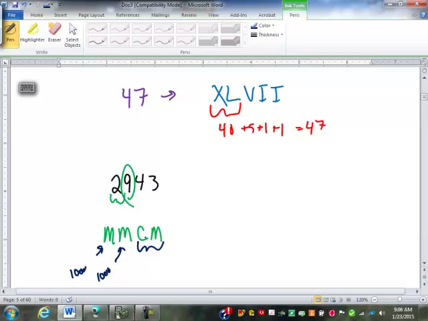Whenever you have a smaller symbol in front of a larger one, they have to combine. That's 1,000 minus 100, which is 900. So we're now at 2,900. We need to add the 43. The 4 is going to be, well, 50 minus 10. So L minus X. So there's 40, and then plus the 3 1s. That takes a little bit of getting used to.